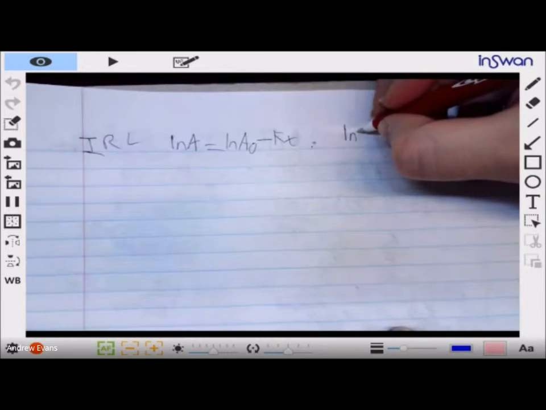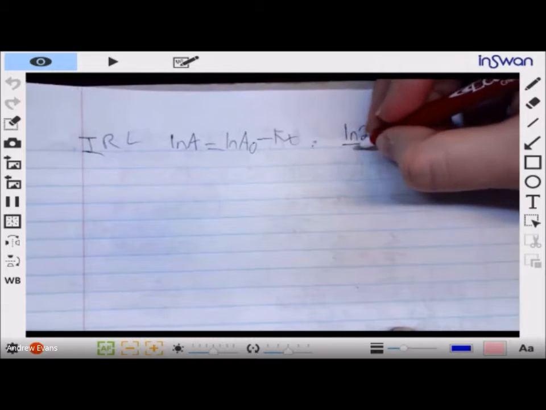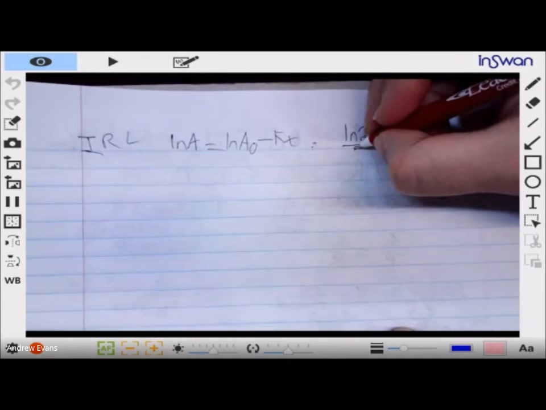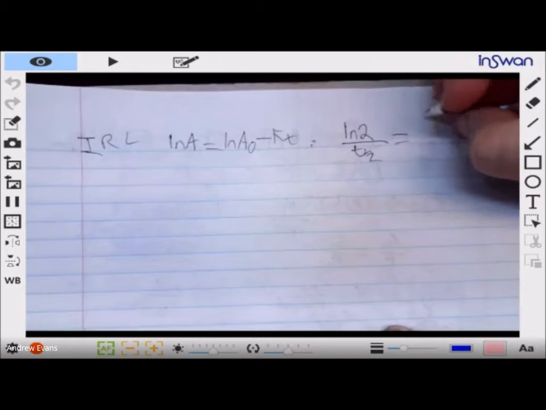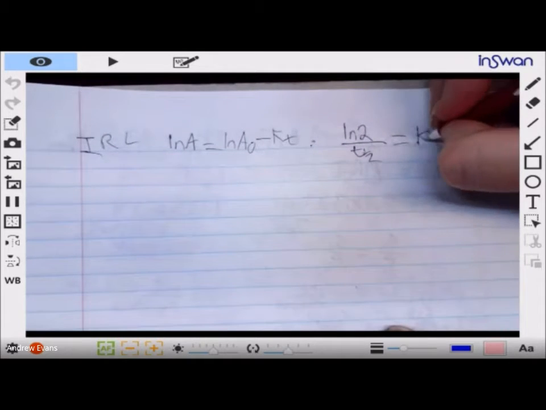Rearranging this to talk about the half-life, the half-life equation is T1/2 equals ln2 over k.